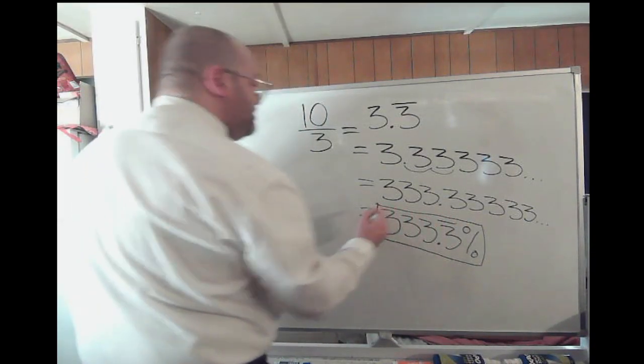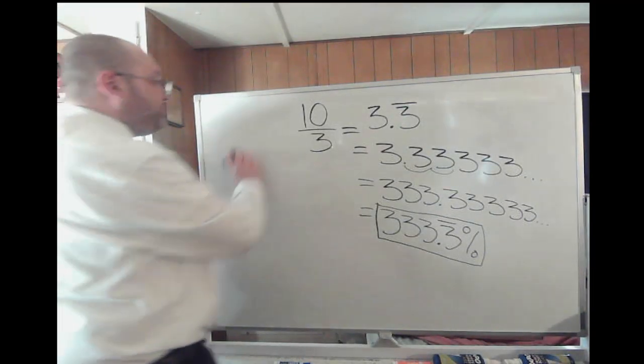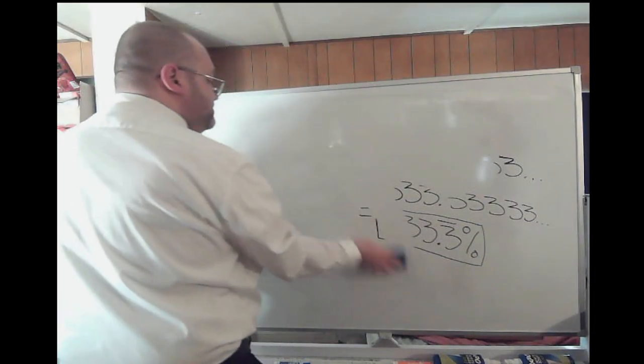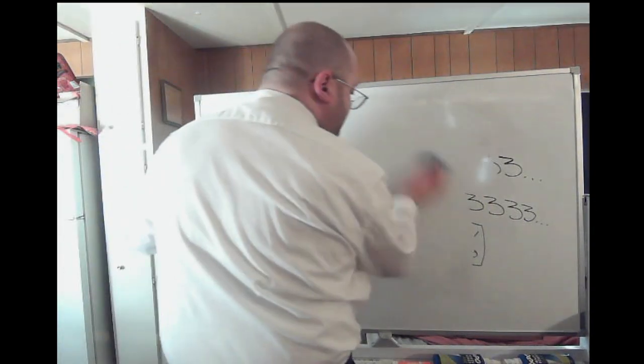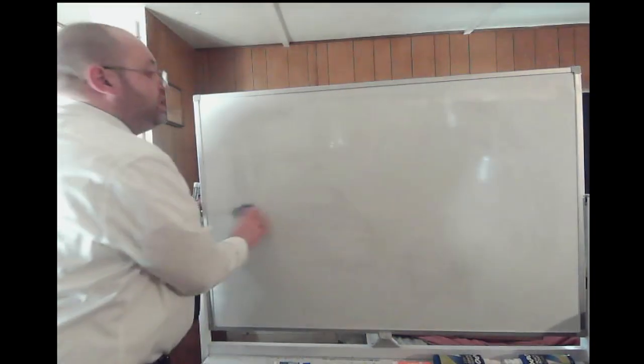So you get 333.3 repeating percent. In basic math, we covered methods basically without using a calculator. In pre-algebra, we're going to take the shortcut and use the calculator. So I'm kind of zipping through this here.